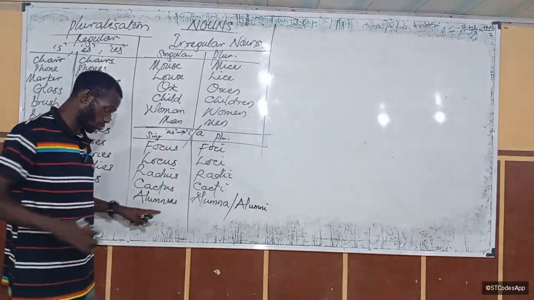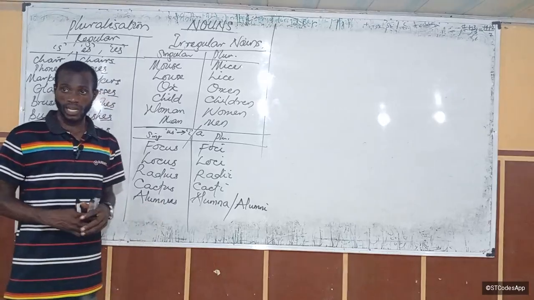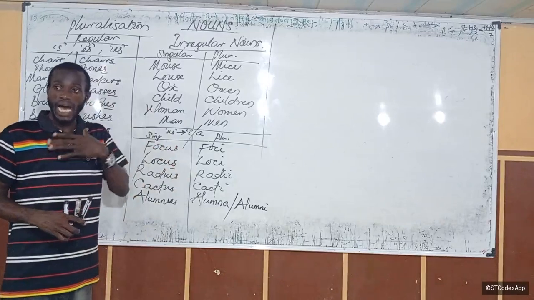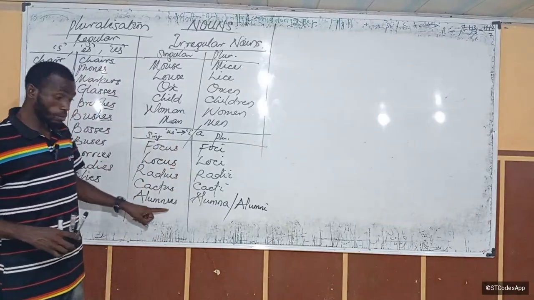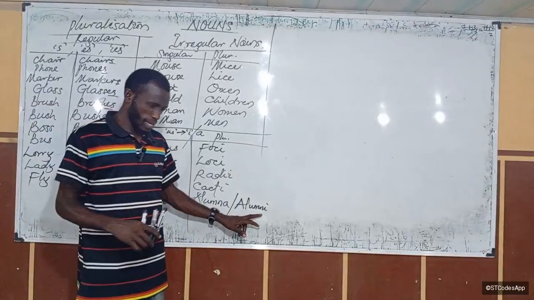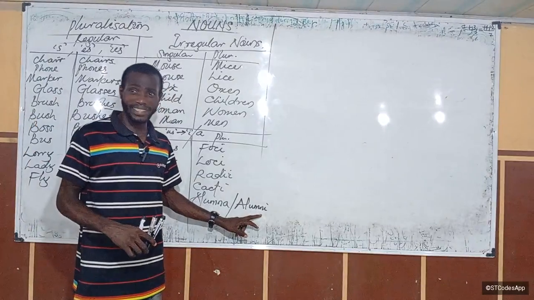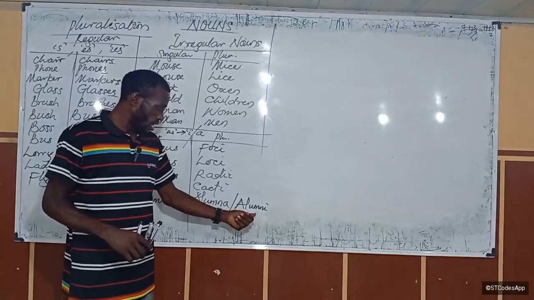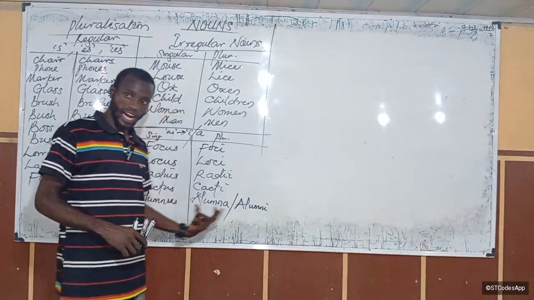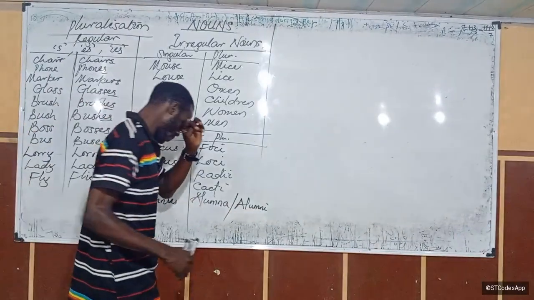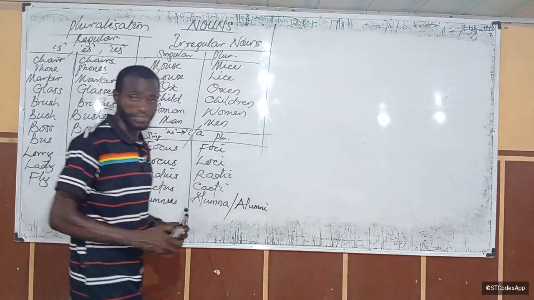But one person, you know what alumnus means, right? Someone that graduated from a particular school. If I graduated from FUTA now, I'm an alumnus of FUTA. But if we are plenty males, that would be alumni. I really can't remember that. I think it's alumni for male. No, alumni for female, alumna for male. Yeah. So basically, these are the two forms, yeah?